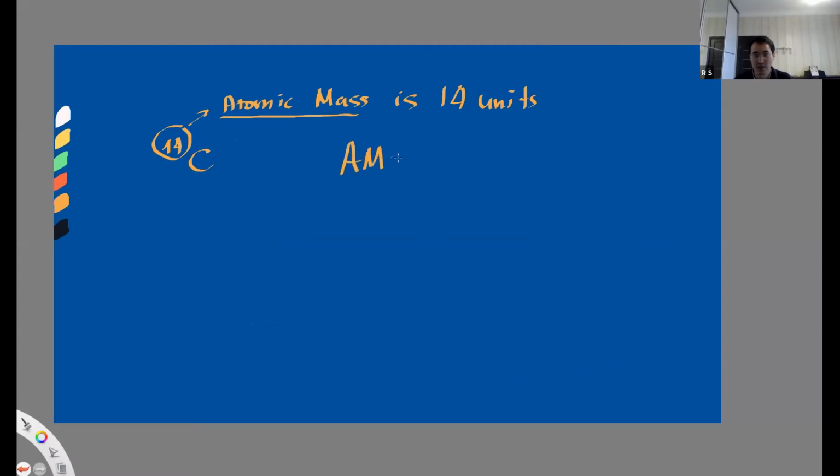And radioactive decay. What is this 14? So if you take carbon and it's written 14 here, it means its atomic mass is 14 units. Why is it 14? And how do we define the number of neutrons? Atomic mass is equal to the number of protons plus the number of neutrons.